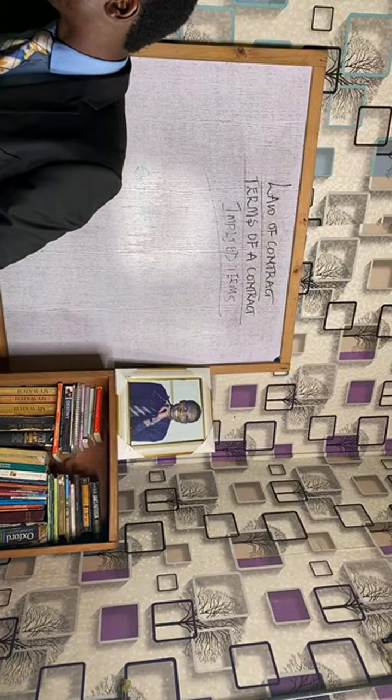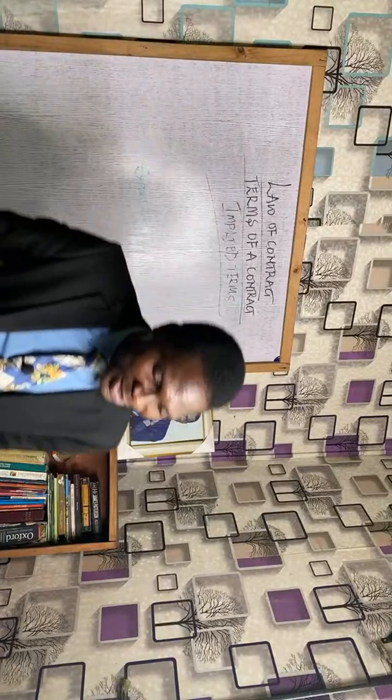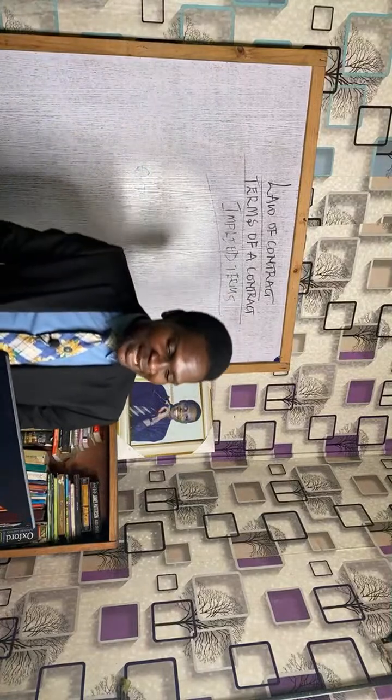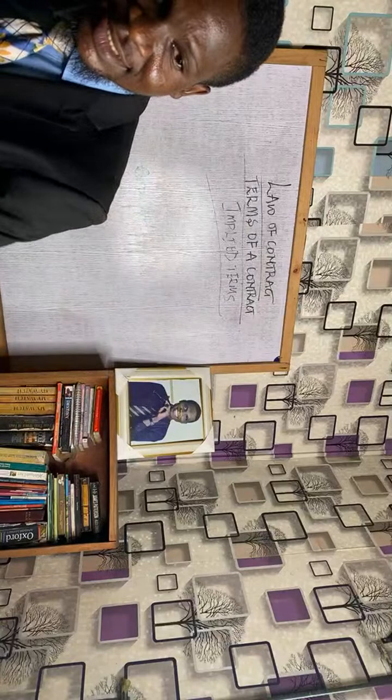Our second case for today's class is Gottschalk versus Elder Dempster and Co. Gottschalk is spelled, let me write it on the board so that everybody can get it.